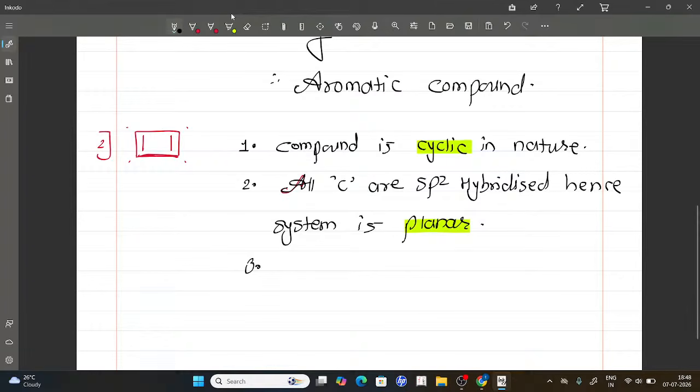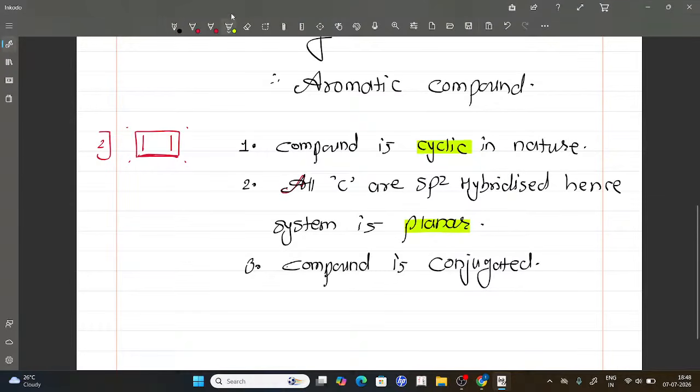A compound having double bond, single bond, double bond is a conjugated system. Yes, the compound is conjugated, right? Because it has alternating double bonds and single bonds. Hence, our compound is conjugated in nature.